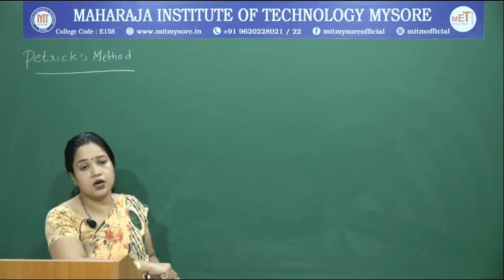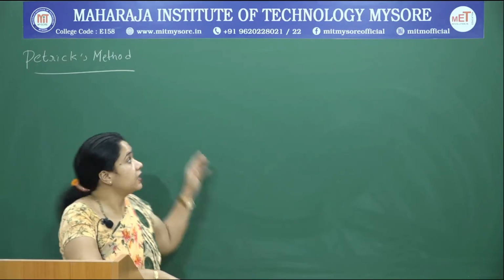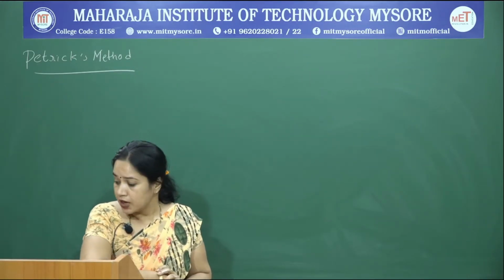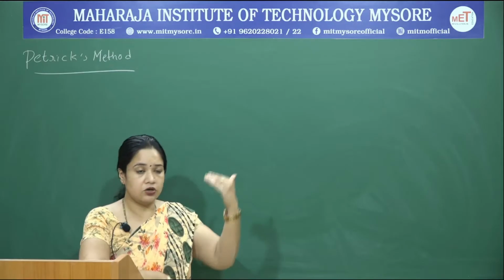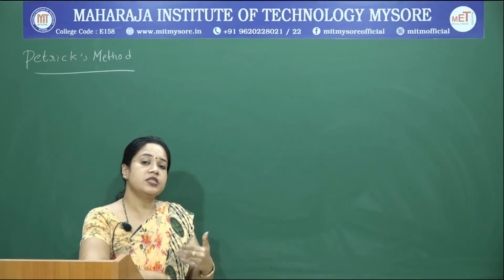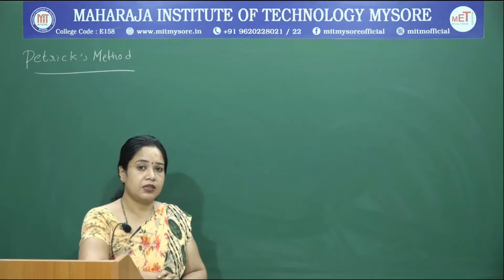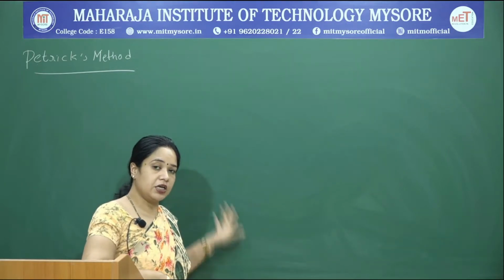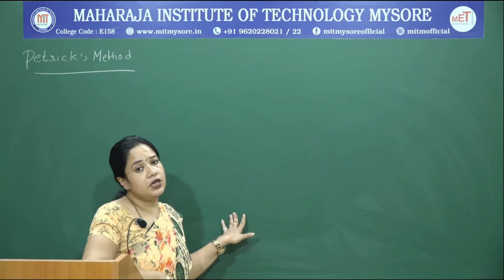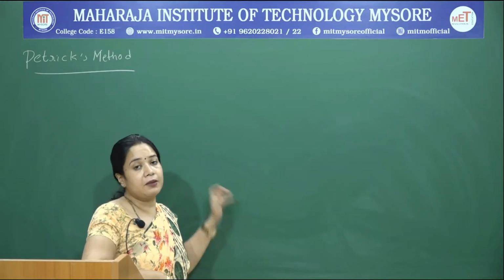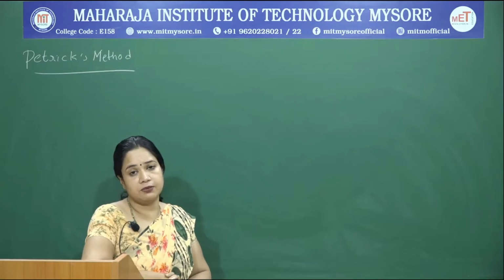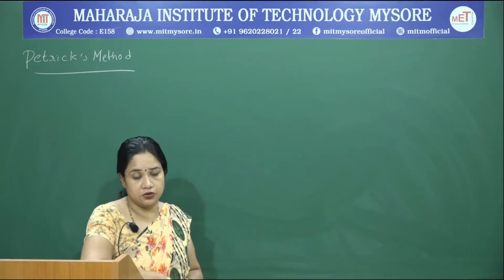This was developed by Stanley Petrick, hence it is named after him as Petrick's method, and the initial step is the same as the Quine-McCluskey method. Once we are done generating the two tables, we will apply Petrick's method to the solution of the Quine-McCluskey method to get all possible solutions.